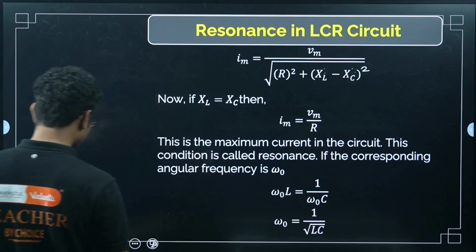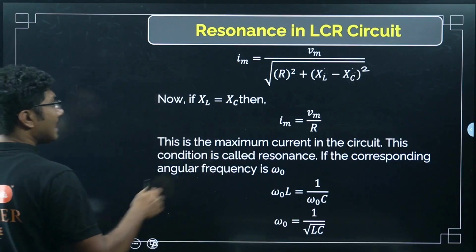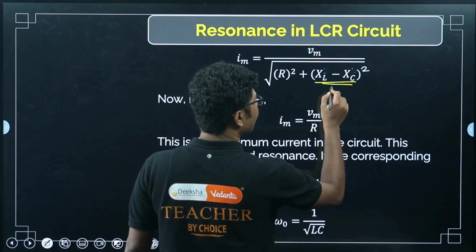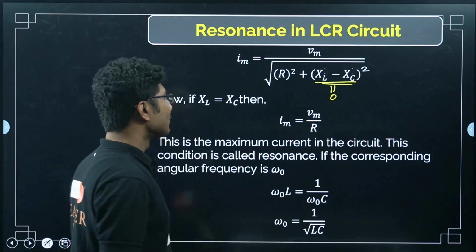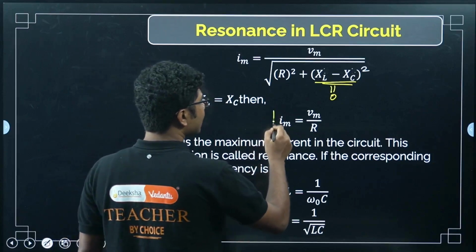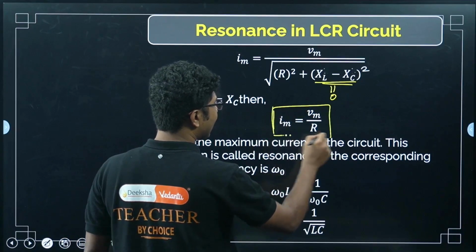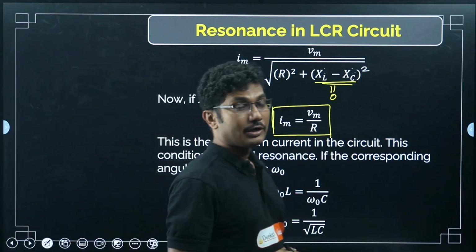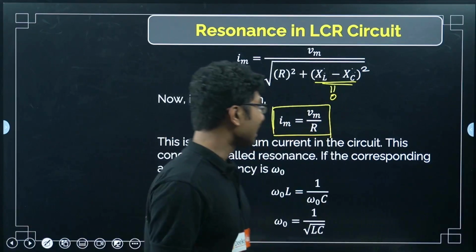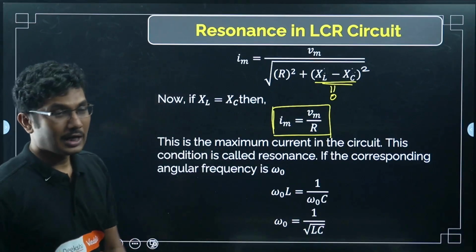If XL equals XC, then you can see that this term will become 0. So the current will be simply Vm by R. That is like our Ohm's law. Remember our old Ohm's law? In old Ohm's law, it was V is equal to IR. So we are getting back our old Ohm's law formula.